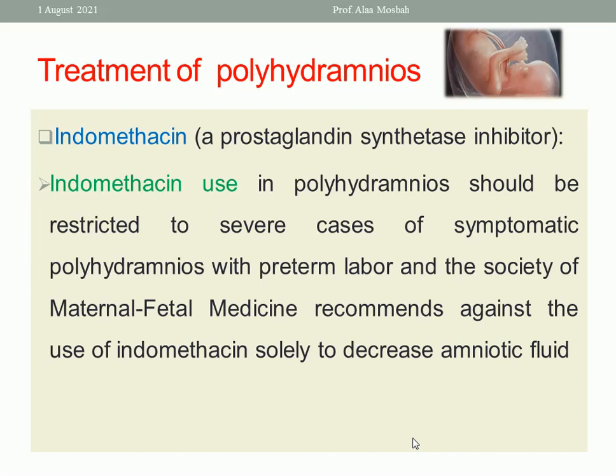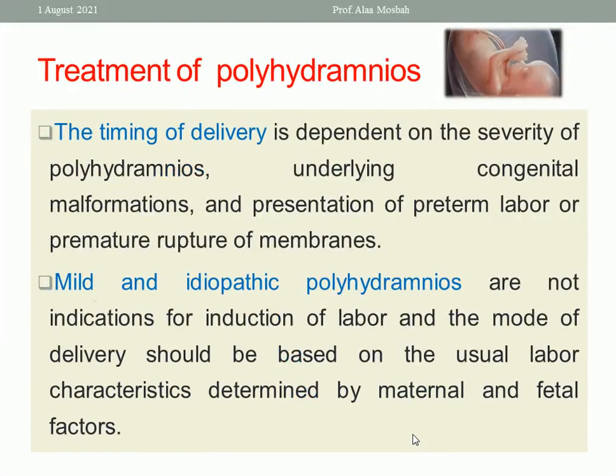Okay. What is the time of delivery in case of polyhydramnios? It depends on the severity and the underlying congenital malformation and the presentation of preterm labor or premature rupture of membrane.